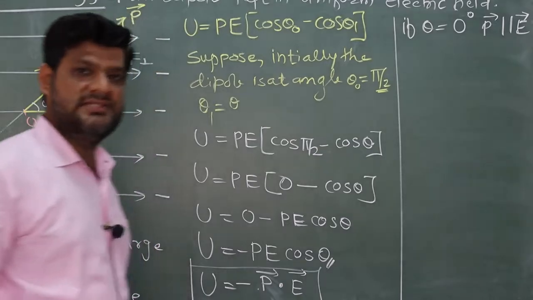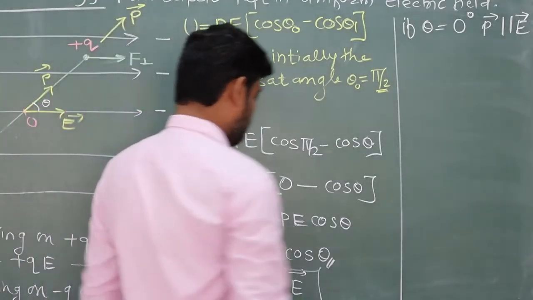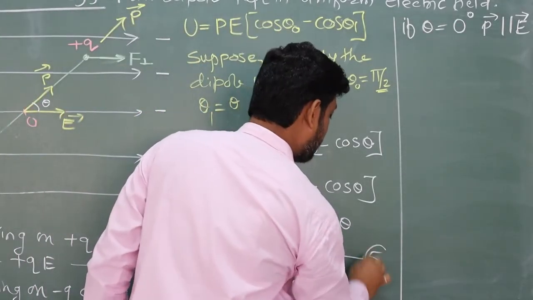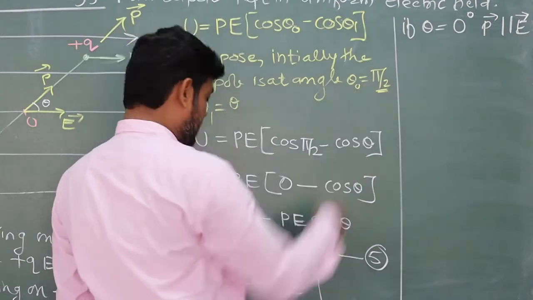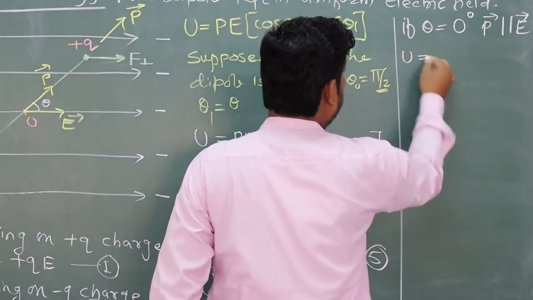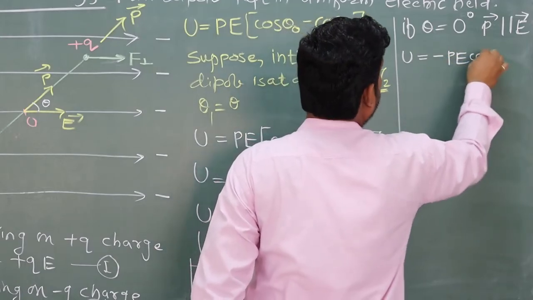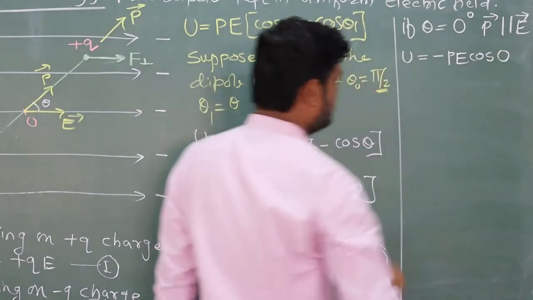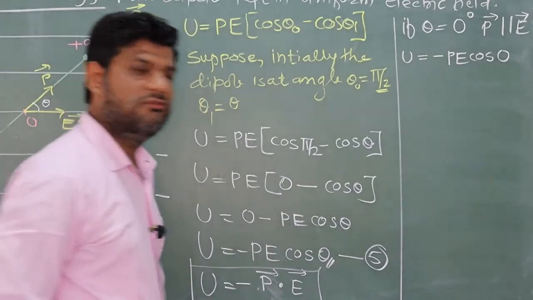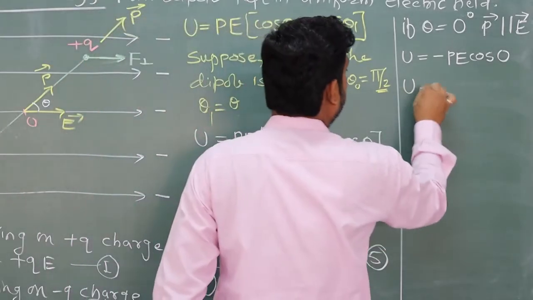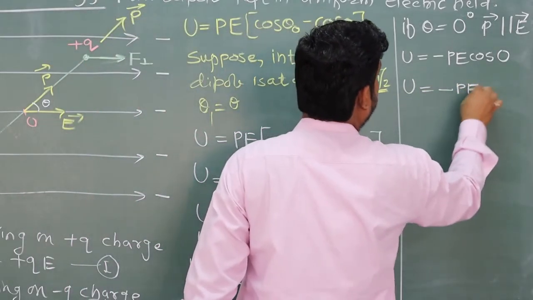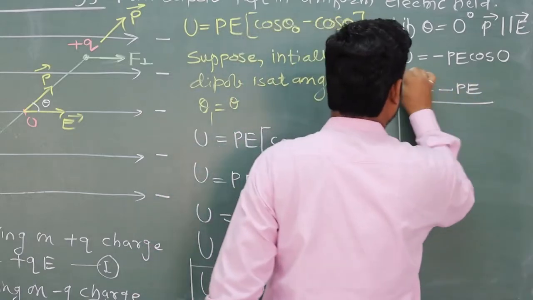So using equation number 5, putting the value, U equal to minus of pE cos 0. Cos 0 becomes 1. So we will write U equal to minus of pE.